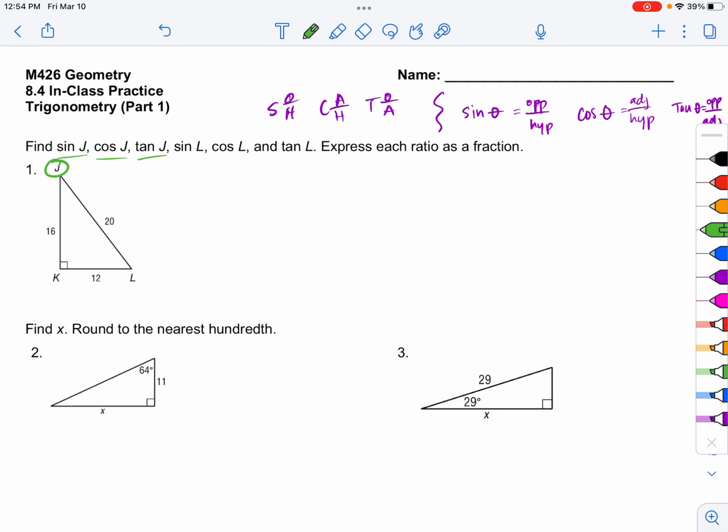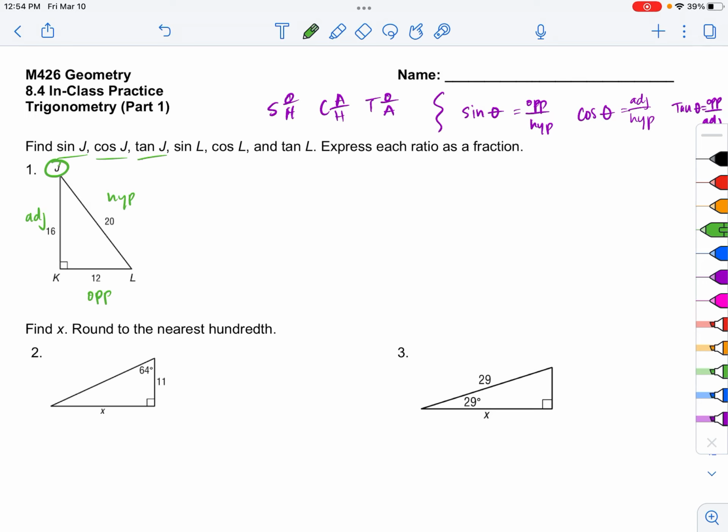From the angle J perspective, well, 20 isn't going to change. This is your hypotenuse. 12 is your opposite side because it's directly opposite of the angle. And then 16 is the adjacent side. So we could write all these trig ratios here.